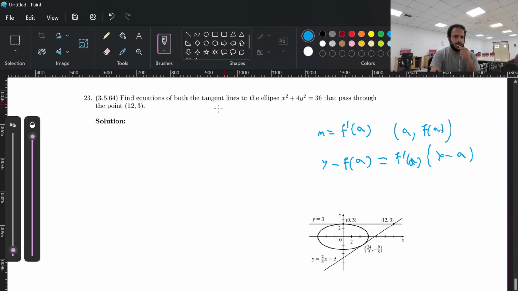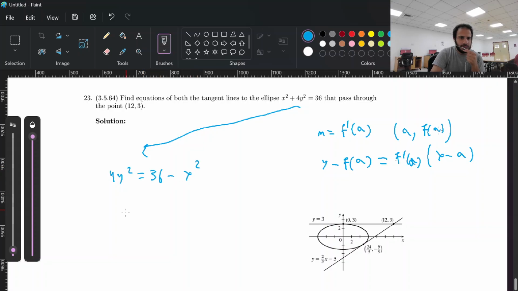We have the point, so we need to find the slope, right? Yes, so first we take x squared plus 4y squared equals 36 and isolate everything to one side so y can be alone, so we can differentiate it to get the slope. So we have 4y squared equals 36 minus x squared.